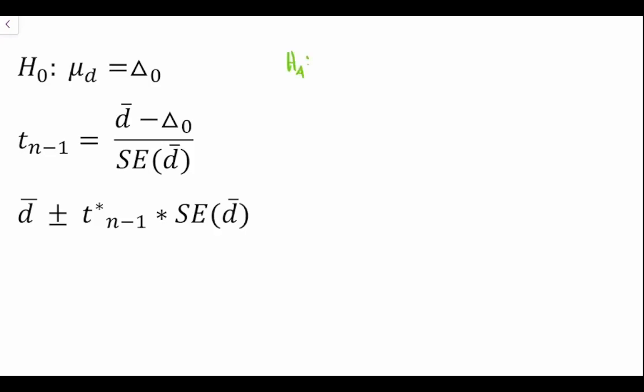HA in this case could be that the mean difference does not equal delta zero, that it is greater than delta zero, or that it is less than delta zero. It really depends on the type of question that you're seeking to answer.